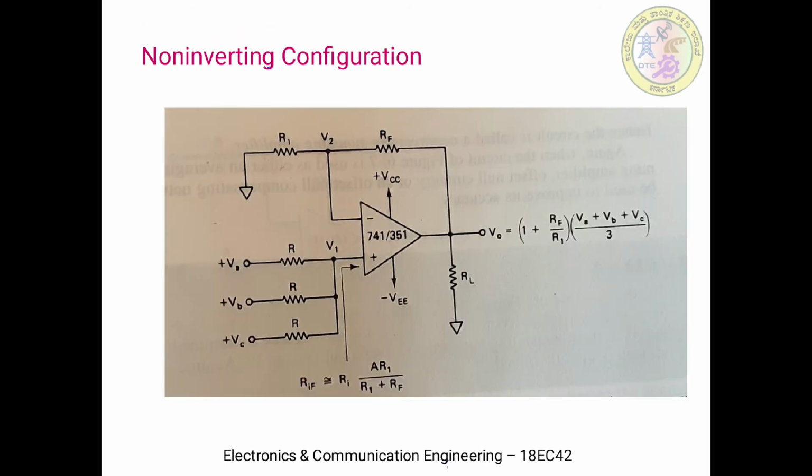Now when only VA is applied, we can imagine that VB is connected to 0 and VC is connected to 0, only VA is available.